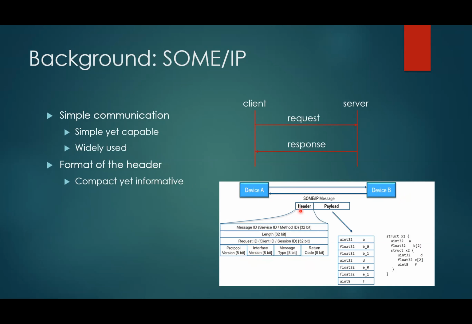Besides the header, there's a payload in this packet. The payload of the packet could be anything. It is just some raw information for the other side to process. So as we can see, SOME/IP is a very simple but very capable protocol.